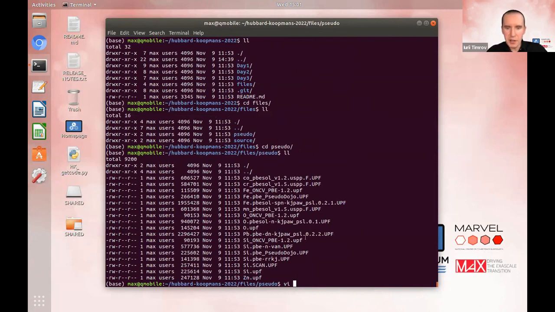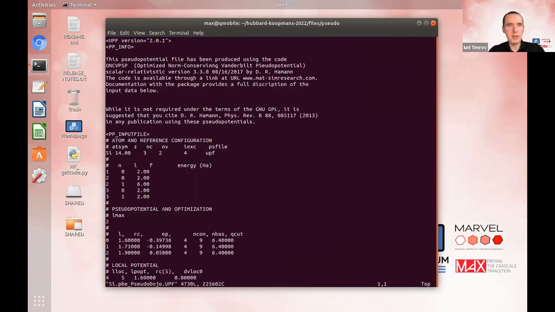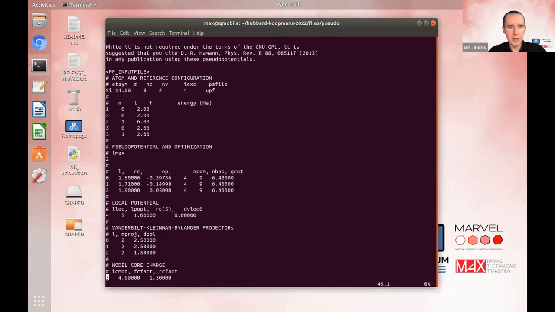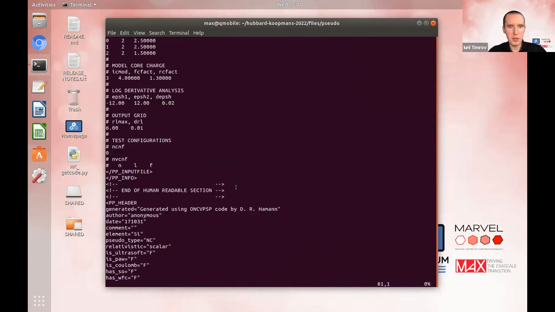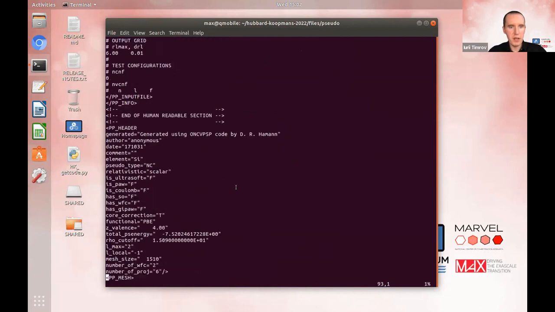For silicon, I used silicon.pbe_pseudo_dojo. If you scroll down, there is a lot of information on how it was generated. Here you see core_correction = T. T means true, so this pseudopotential contains nonlinear core correction.